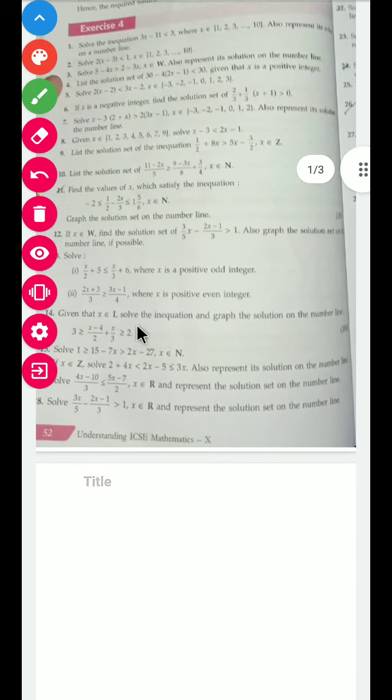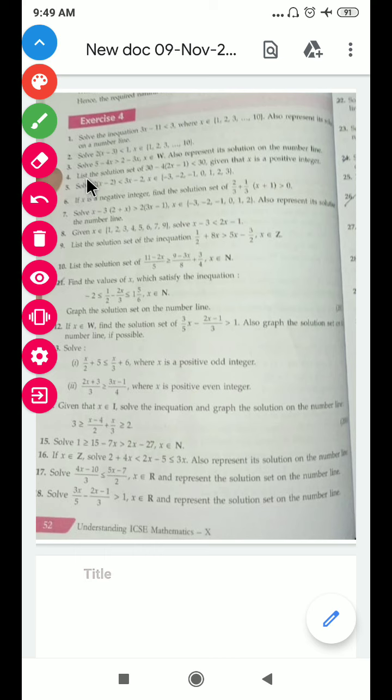Now go to the next problem. Question number 4 is given here. List the solution set of 30 minus 4 into 2x minus 1 less than 30.